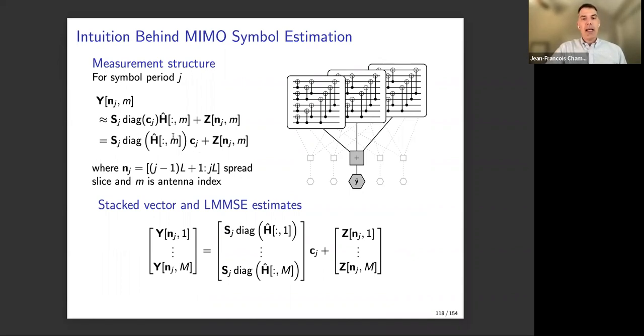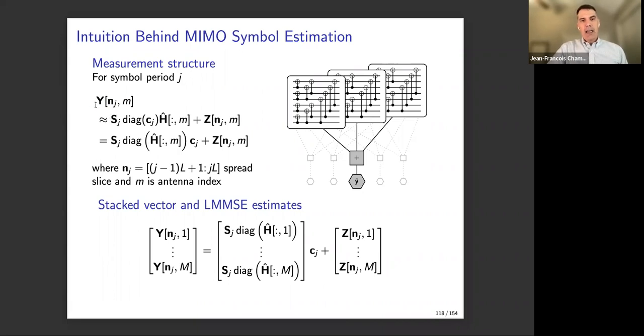So what do I mean by that? This is my observation for a number of elements that correspond to one symbol, and this is for antenna M. So I have a number of antennas, and M is my antenna index.